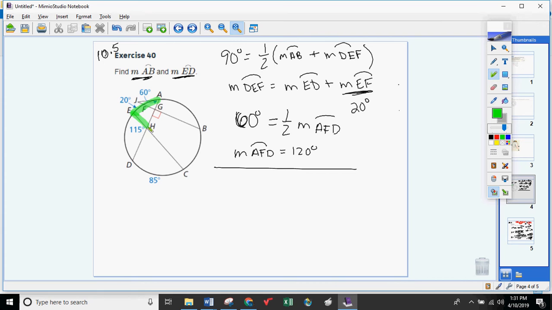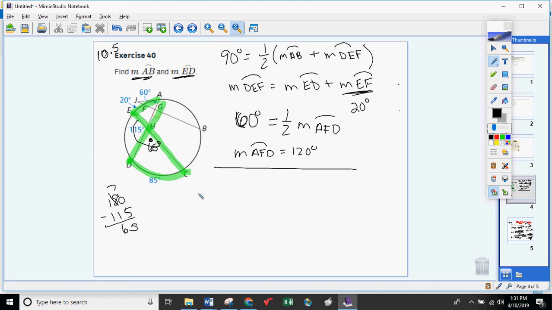EA, this arc right here, is formed by these, okay? And I know that this arc is 85 degrees, and I also know this angle because these make a straight angle. So 180 minus 115, so I know that this is 65 degrees.